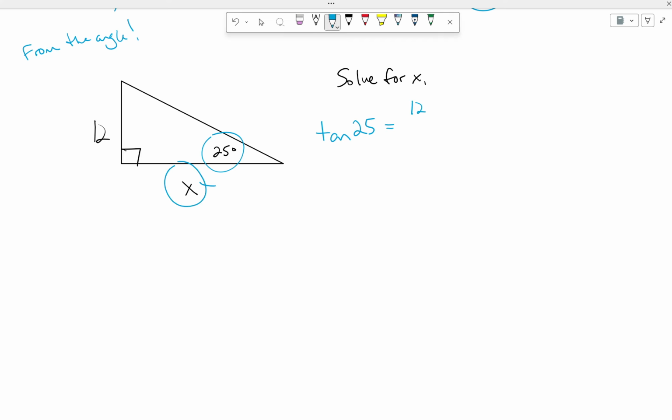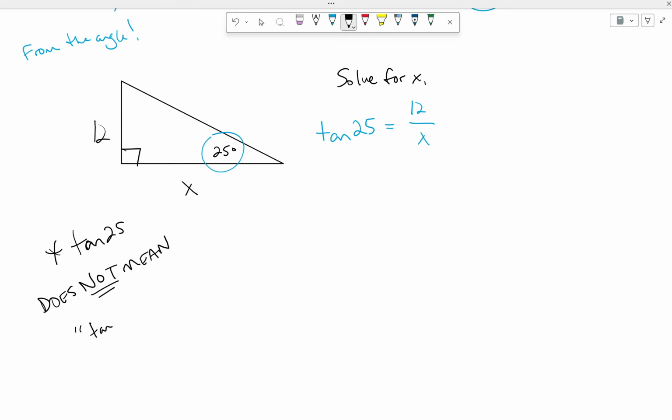adjacent x. Now here's what you guys need to write down and remember for the rest of this. Tangent of 25 does not mean tangent times 25. Students do this to me.